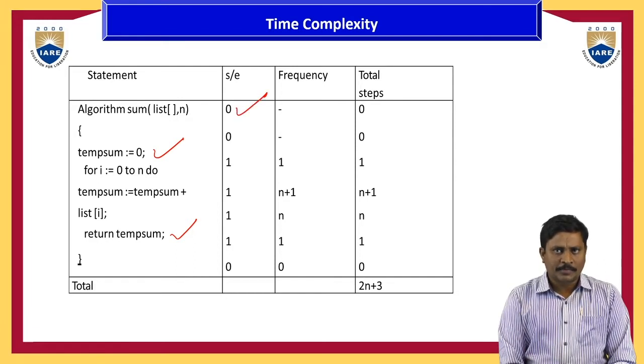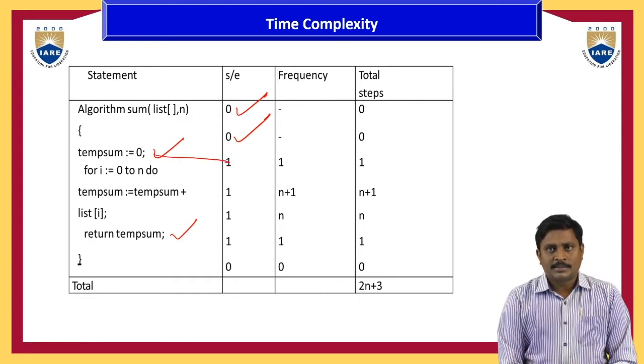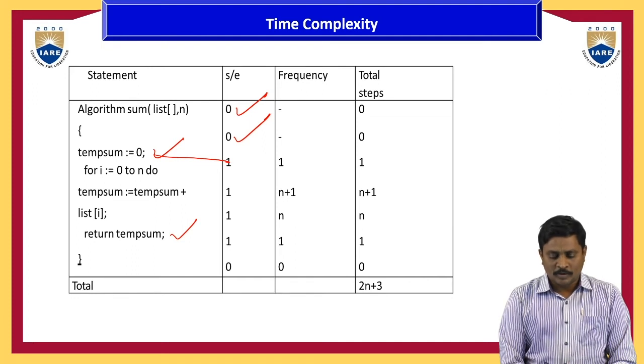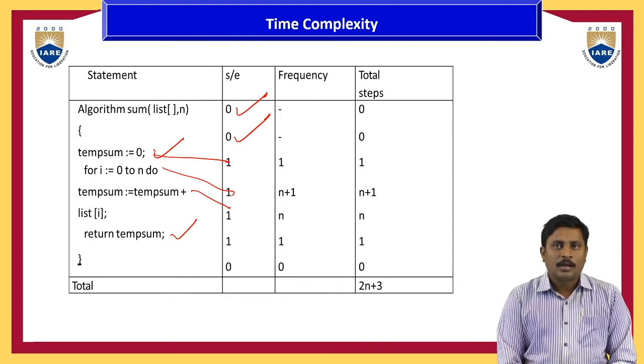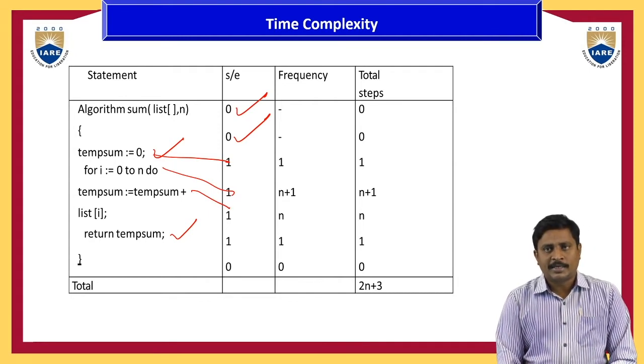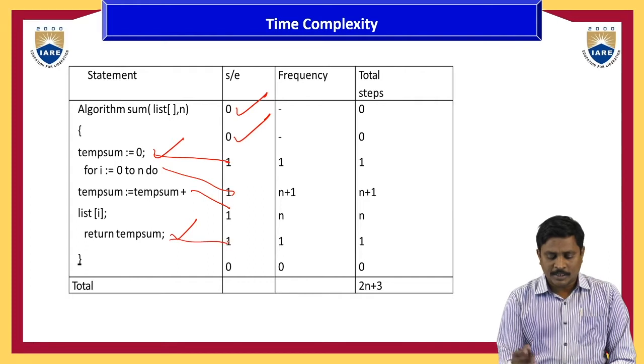Now here you see the heading of the algorithm. It takes 0 step counts, or steps for execution. These braces also take 0. This temp sum is a simple statement. It takes 1 step count. This for loop initially takes 1 step count. Temp sum equal to temp sum plus list of i takes 1 step count. The return statement takes 1 step count.